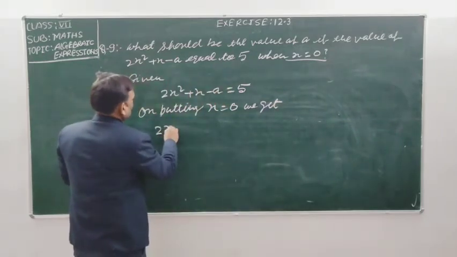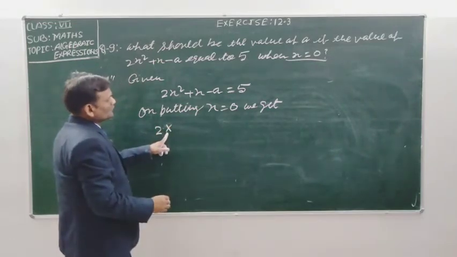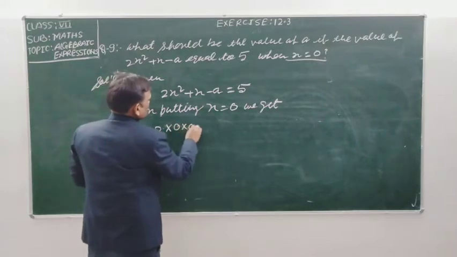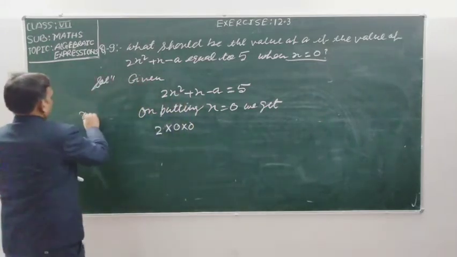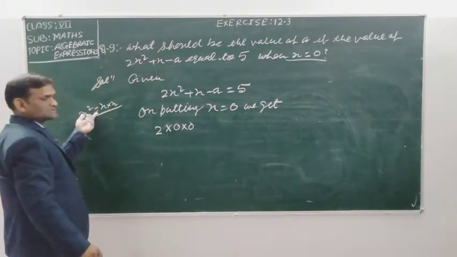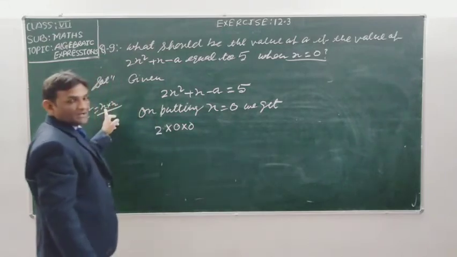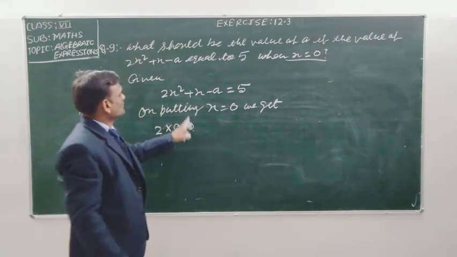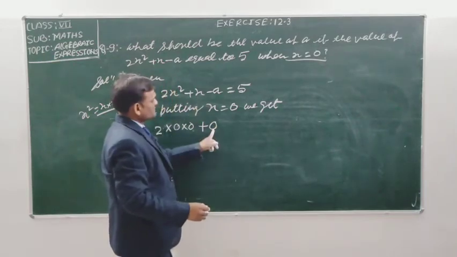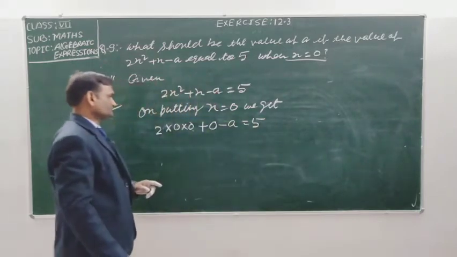2 into 0 into 0. X square means x into x. Two times we multiply x, so two times we will write 0 also. 0 into 0 plus, in place of x, 0, minus a is equal to 5.